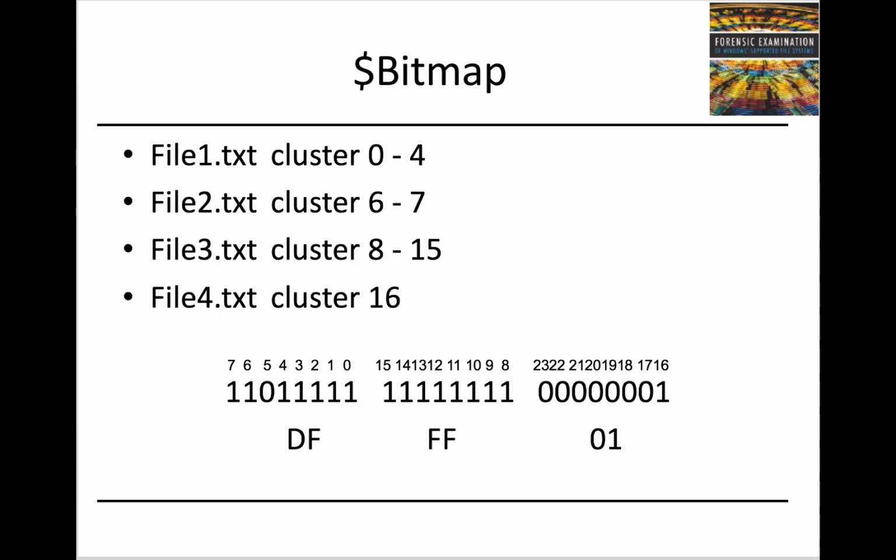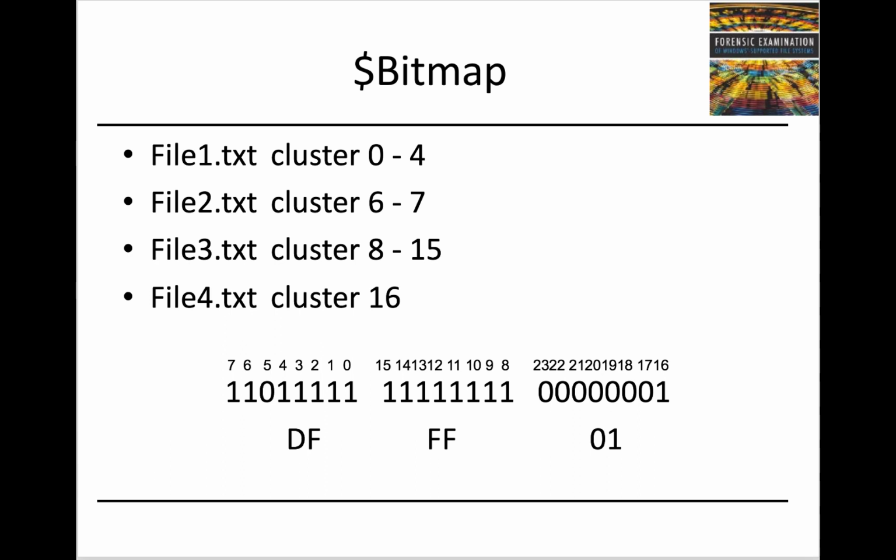So here's our example. File 1 uses clusters 0 through 4. And again, clusters start counting at 0 instead of 2, like we saw in FAT. File 2 uses clusters 6 and 7. File 3 uses clusters 8, 9, 10, 11, 12, 13, 14, 15. And file 4 uses cluster 16.